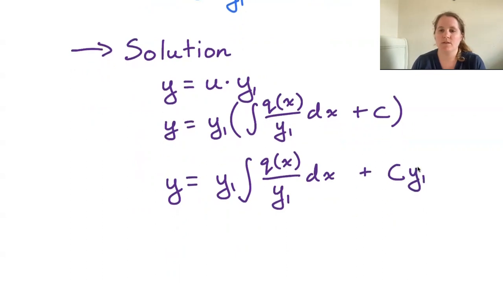Notice this first piece, y1 times the integral of q of x over y1 dx, is just one non-homogeneous solution. That c times y1 is actually the general homogeneous solution.